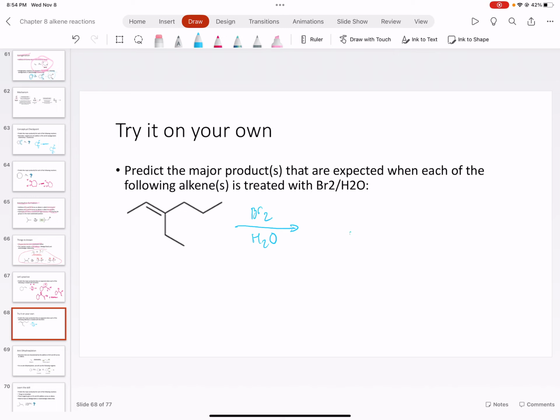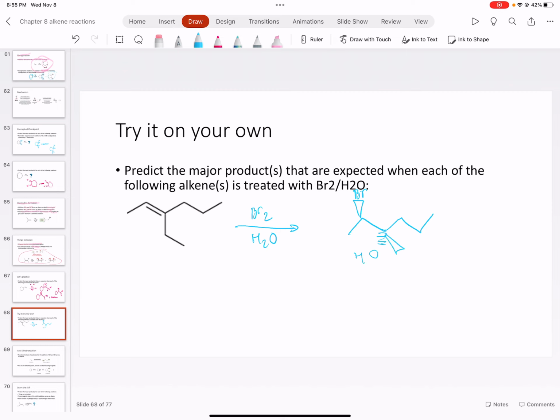And I do feel like for this one, you're going to have to specify the stereochemistry. So remember, we're going to put our OH on the more substituted, and our halogen on the least substituted. In this one, I'm going to put my bromine on a wedge. Then I'm going to add my OH on a dash.